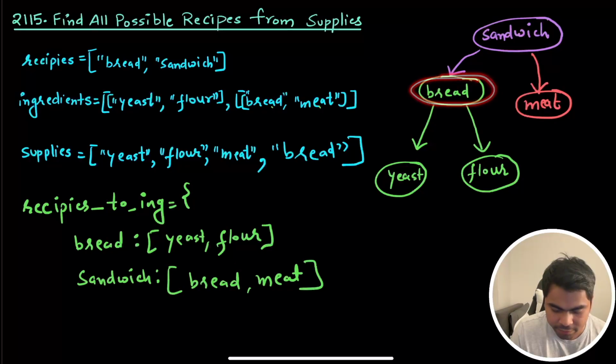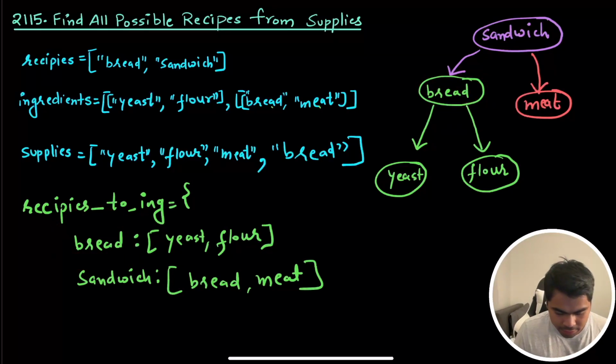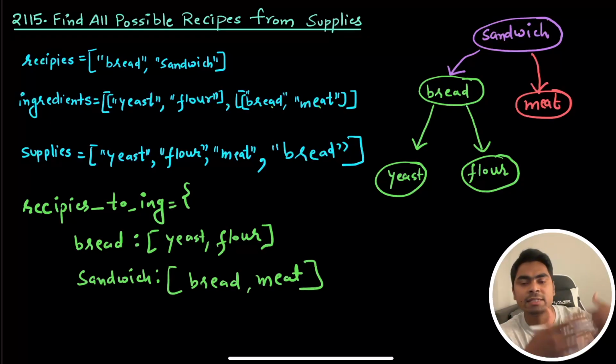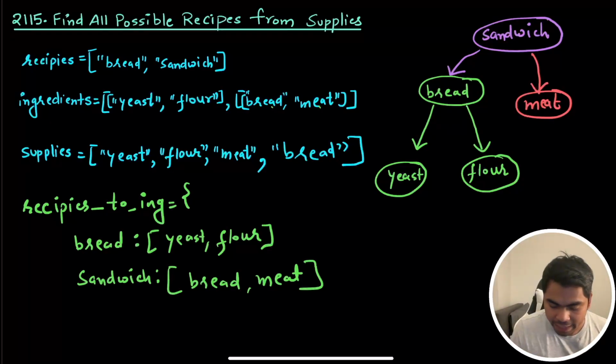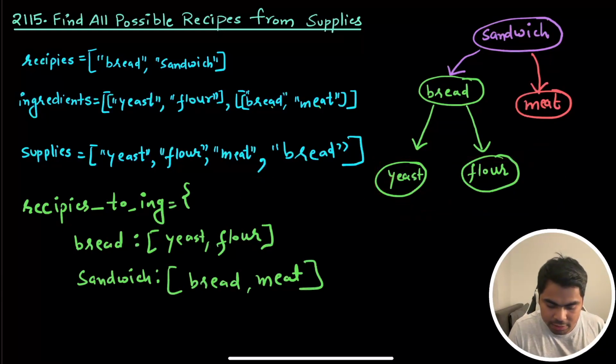If you start your traversal at a recipe node, I will be able to find it inside my recipes to ingredients list, and see if I'm able to visit all its neighbors without getting stuck in any cycle. And if you can reach the terminal nodes, which do not have any dependencies, it also means they lie in your supplies.